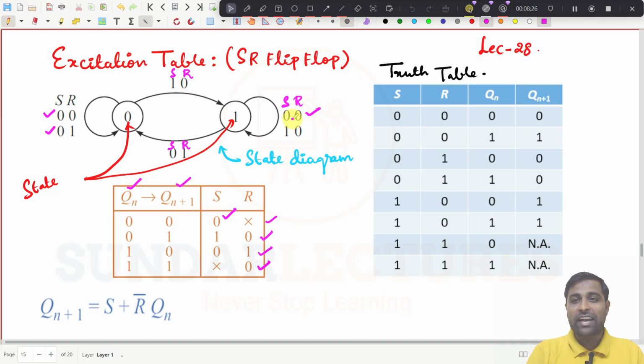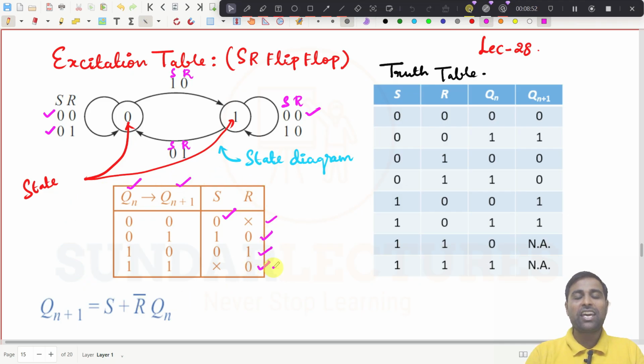But what is S here? It may be 0 or 1. If R is 0 and S can be 0 or 1, then if the present state is 1, it will be retained in 1. Sorry, I said it has to go to 0, but it has to retain in 1. So if the present state is 1, the next state should be 1: S can be any value, but R should be 0.